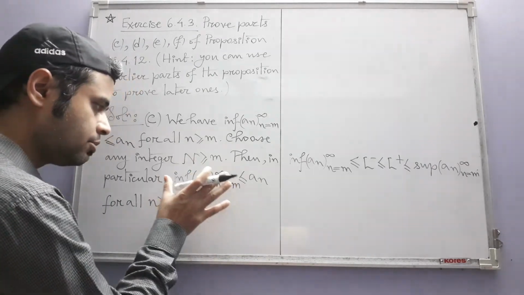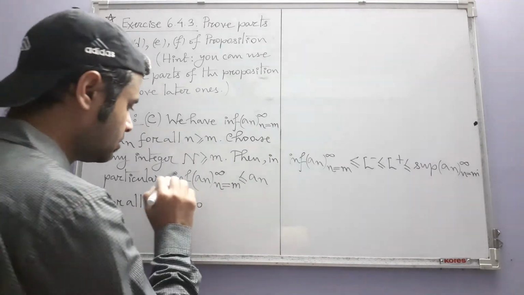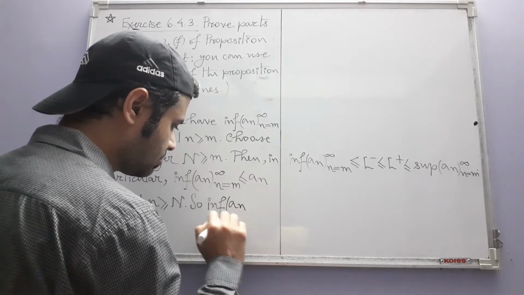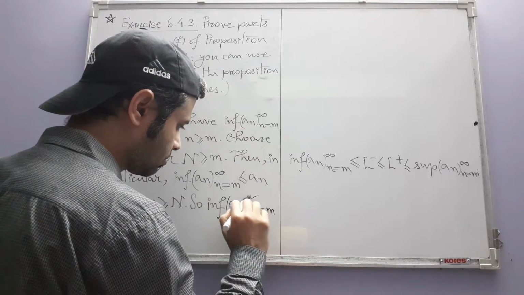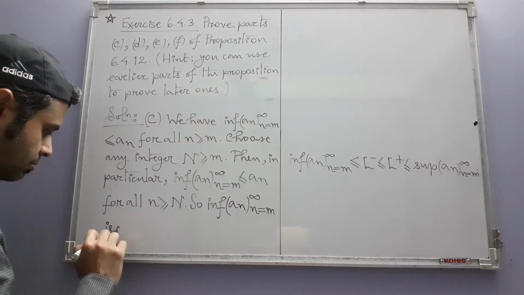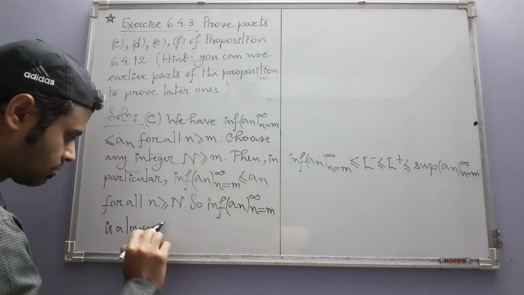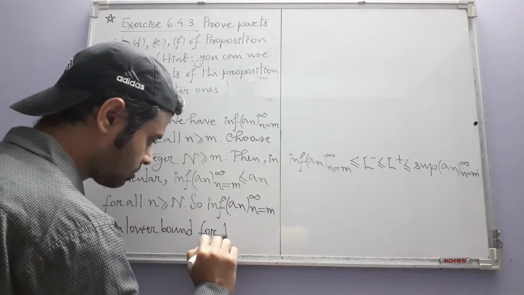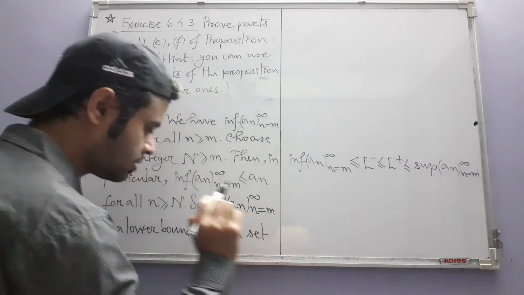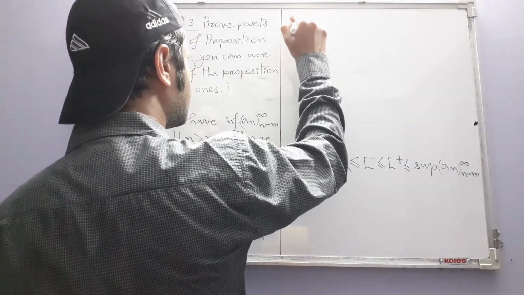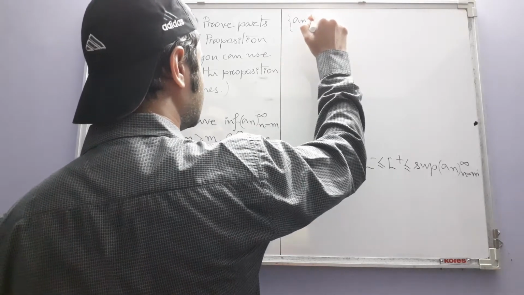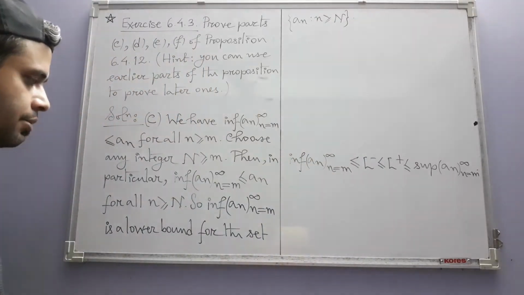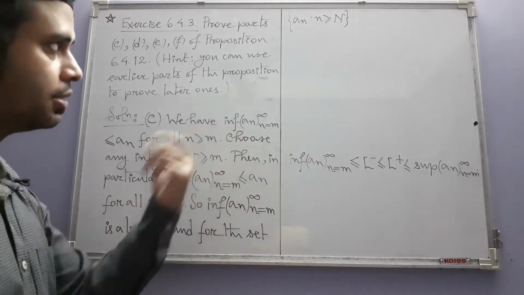So, okay, what do these inequalities mean now? So that means the infimum of the entire sequence is a lower bound for this set, the set of all an where n is greater than or equal to capital N. These inequalities say this thing.